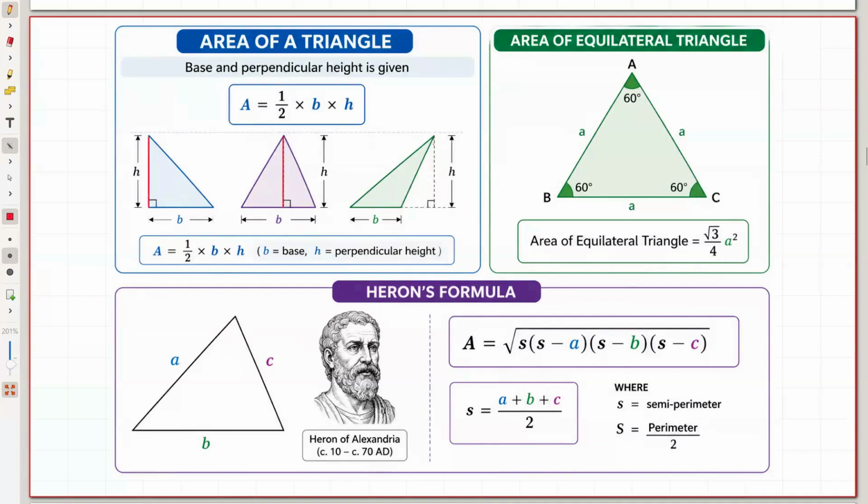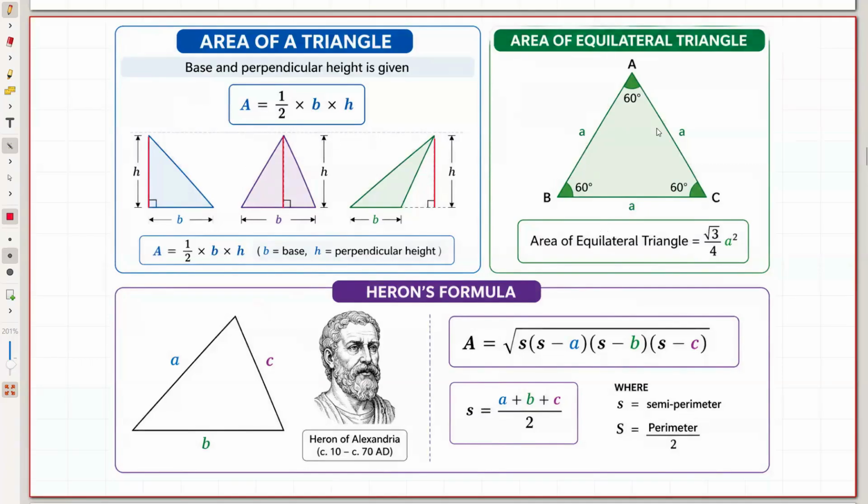In this case, the height is outside the triangle. Where the 90-degree perpendicular is, only that will form the height of the triangle. This is one of the sides, here inside, here outside. See the variation.